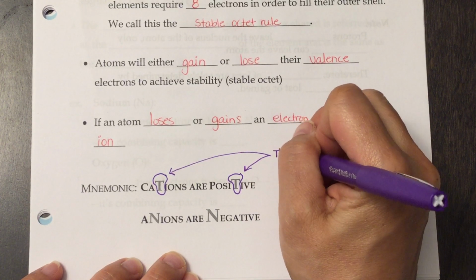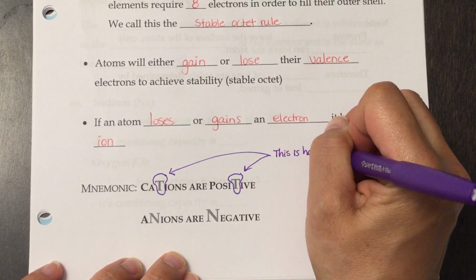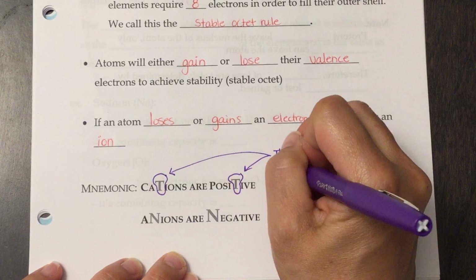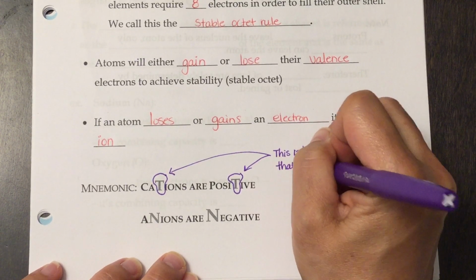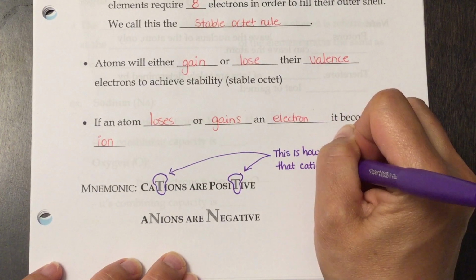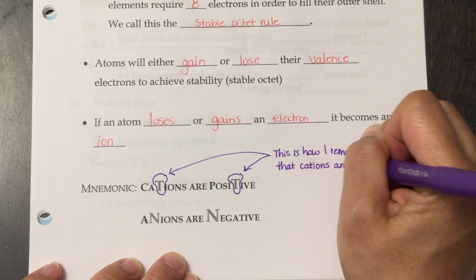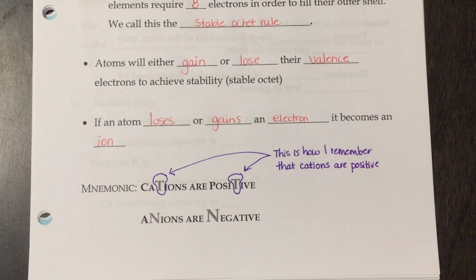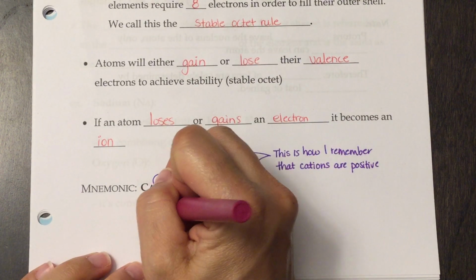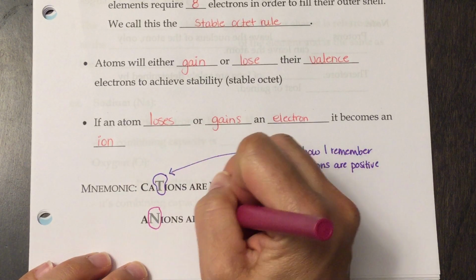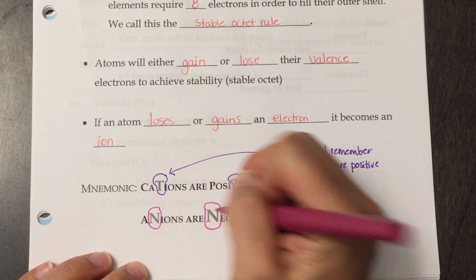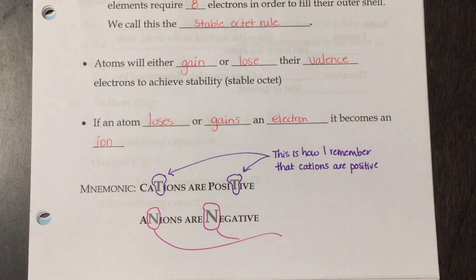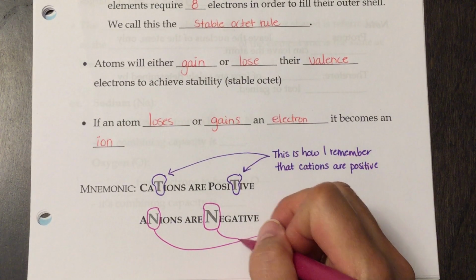So this is how I remember that cations are positive. And on the flip side, anions have a big N, and big N for negative. This is how I remember that anions are negative.